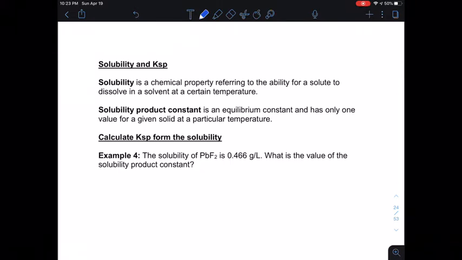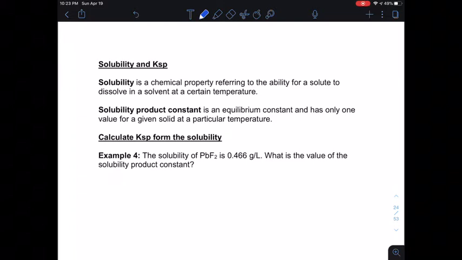Okay, so the next type of question is going to be one where we calculate solubility using KSP. So solubility and KSP are tightly connected to each other. The solubility is the chemical property referring to the ability for a solute to dissolve in a solvent at a certain temperature.